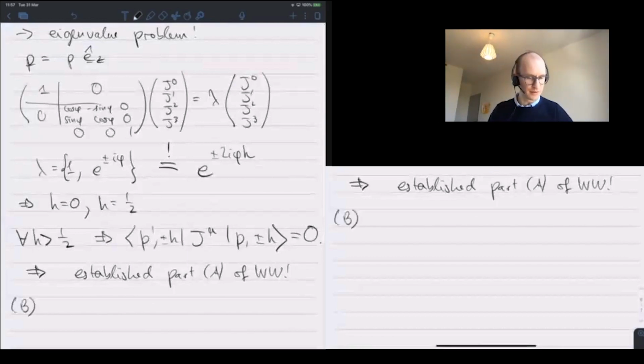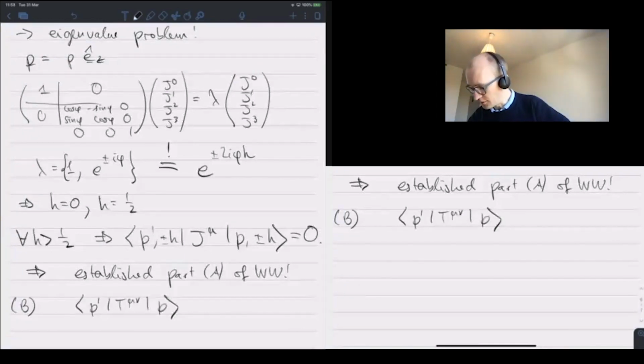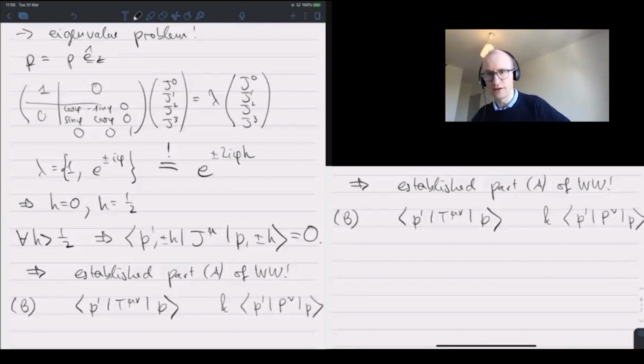So here, of course, what we look at is p primed, T mu nu, p, and we look at the corresponding charge, which is the zero component of T mu nu, so T0 nu. But T0 nu, of course, is also known as P nu. Okay, so we look at these things.